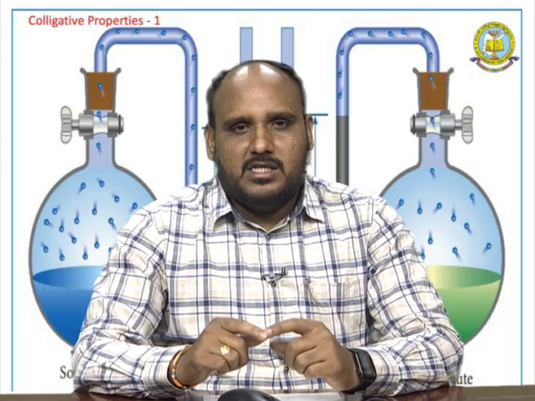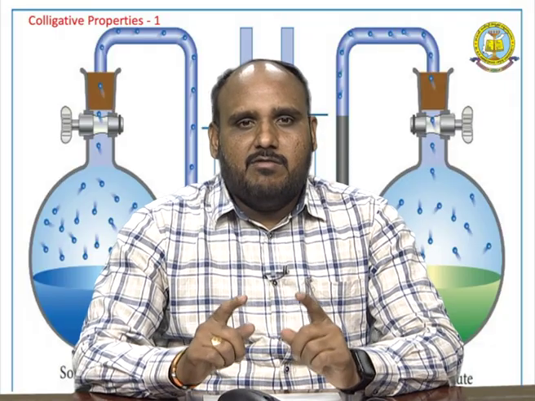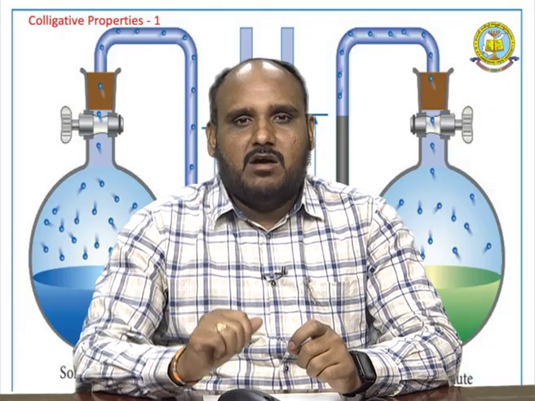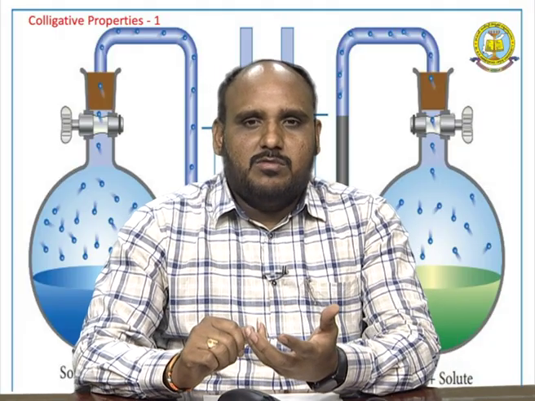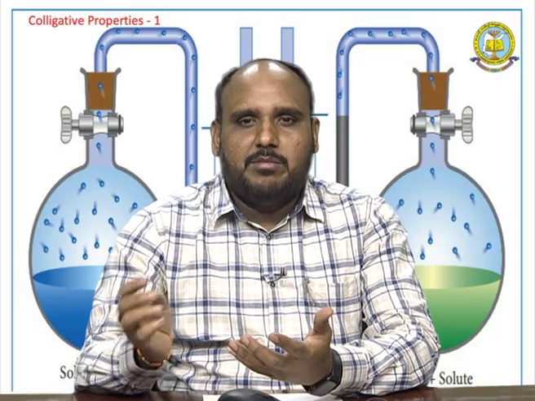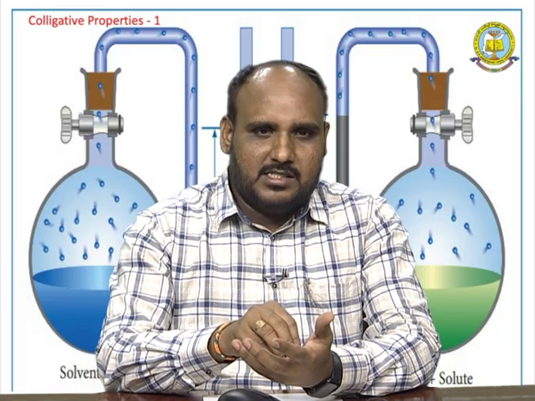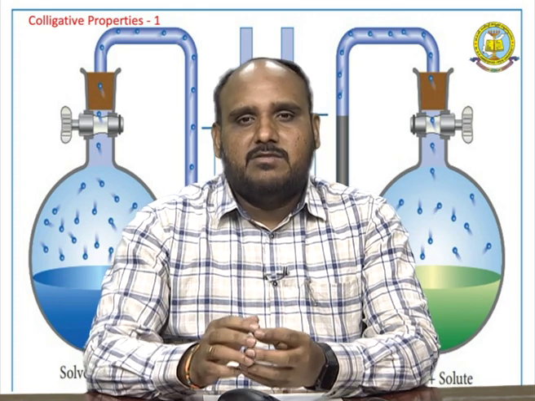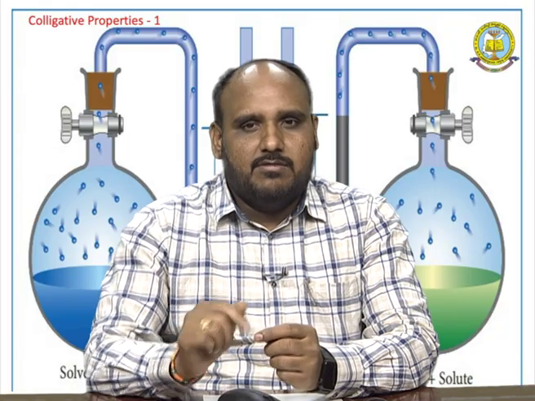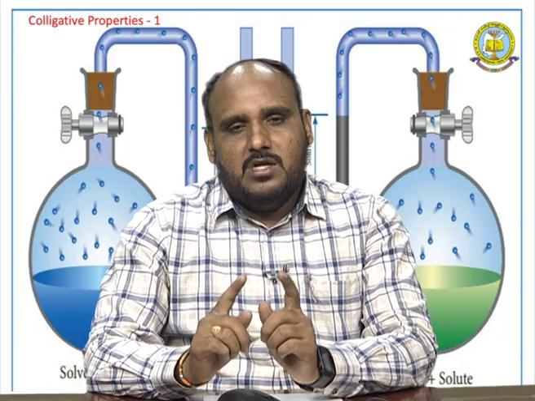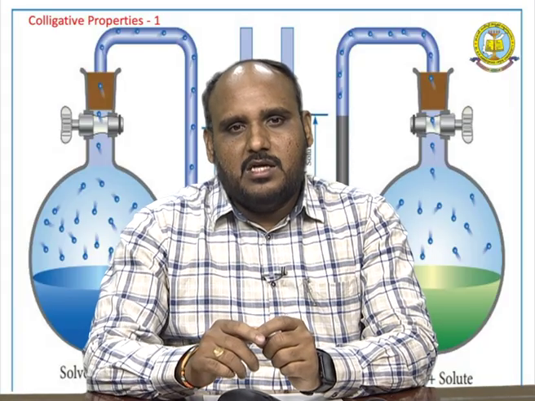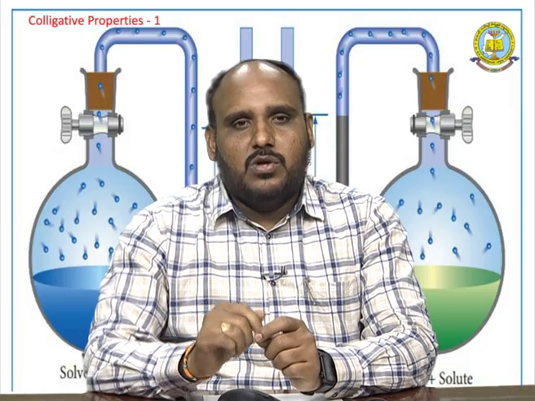Once again we repeat here the molality: the number of moles of solute dissolved in 1 kg of solvent. The solvent should be expressed in terms of weight, that is 1 kg. In that 1 kg, how many solute particles are dissolved? That is indicated with the concentration of that solution, expressed in terms of molality. Therefore, the elevation of boiling point is directly proportional to the molality of the solution.